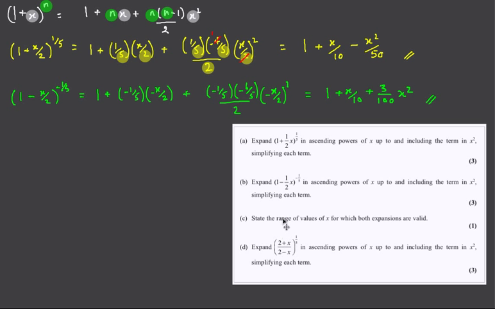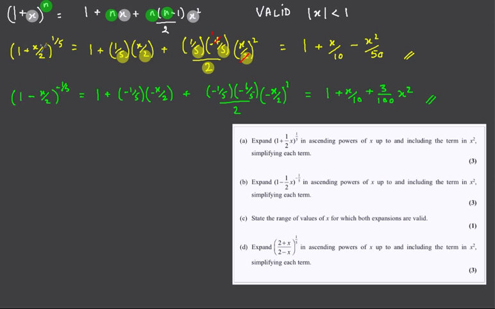What we have now, range, validity. This is valid for, well, validity on the general binomial expansion is modulus of x less than 1. By modulus of x, the thing that goes into the expansion takes the powers.